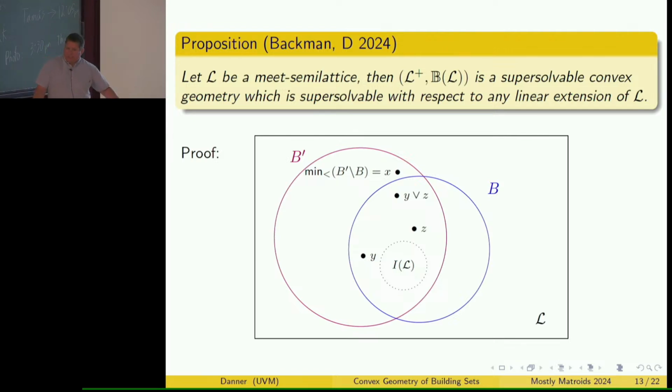We're only looking at things less than X here, so they live in there. They also live in B because X was the smallest thing that wasn't in B. So Y and Z live in there. Well, B was a building set, so their join lives back in B. And since we're in B, we're not equal to X, and therefore I took two things. They also still live in B prime because of the useful characterization again. And voila, we've proved that we can remove the smallest element that wasn't in B from B prime, and that is still a building set.